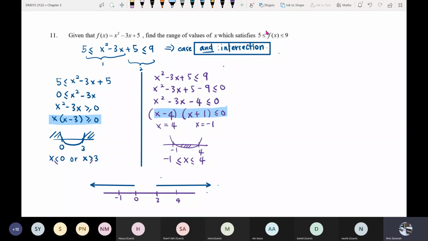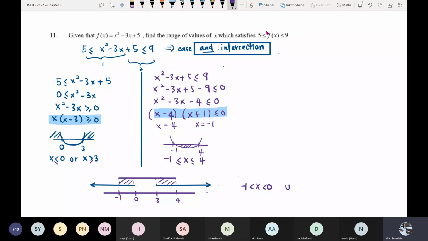Okay, so since they are in between, so negative 1 until 4. Since this is n cases, we are finding everyone intersect. The intersection. Okay, so you state your answer lah. So x is in between -1 and 0.